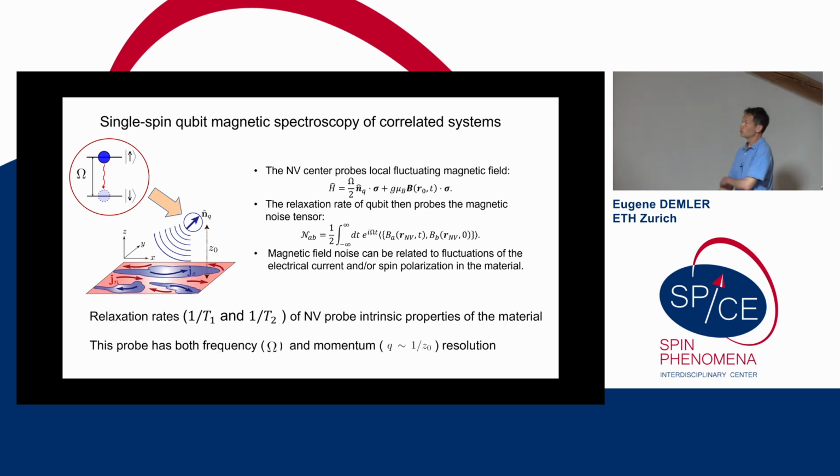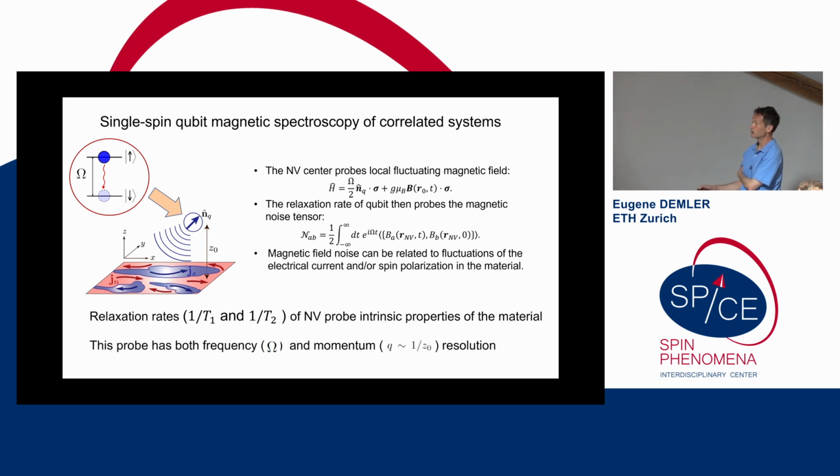Okay, so what I will address is a very specific mode of operating NVs. Now again, let's go back to our picture of a 2-level system. When it is put in the vicinity of a many-body state, the many-body state becomes part of the environment, and now we can think about different types of relaxation that can happen.